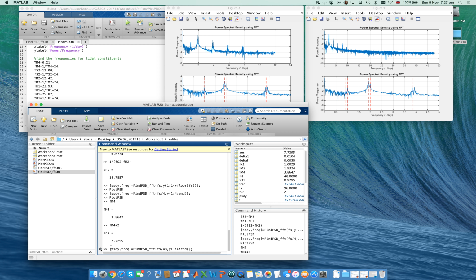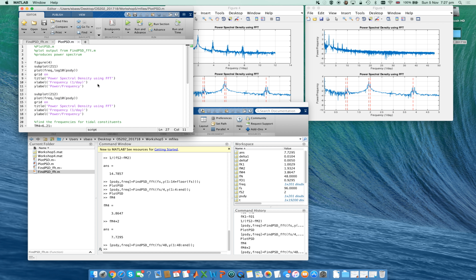Because we're sampling at 96, if we divide by 48, that will give us 2 samples per day, and that means here that we want to jump up in intervals of 48 to the end. So let's do that. Up here I'm going to again change the figure, so we get a new figure, figure 5, save it and run it.